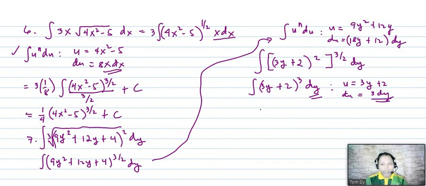If this is 3, we will multiply its reciprocal, which is 1/3, and then the integral of 3y plus 2 raised to 3, and then 3 dy. Instead of writing dy, we have here 3 dy, and because of the 3, we have your reciprocal, that is 1/3. So this one now is your u to the n du.